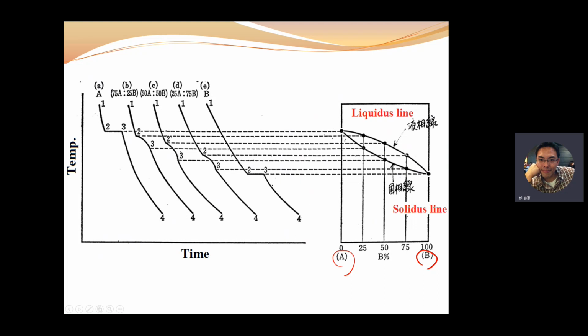We have to do the experiment to melt pure metals and alloys and collect the time versus temperature. Let's look at the left figure. The element A is a pure metal.